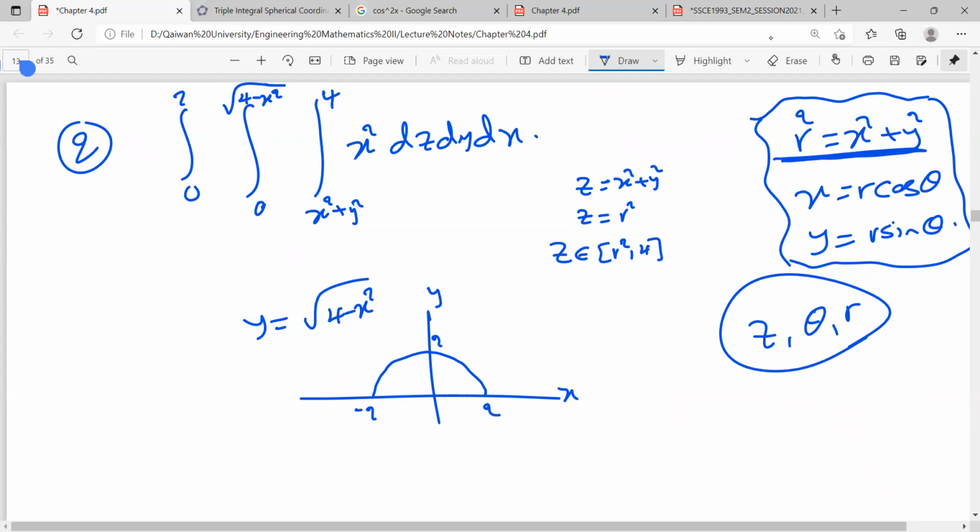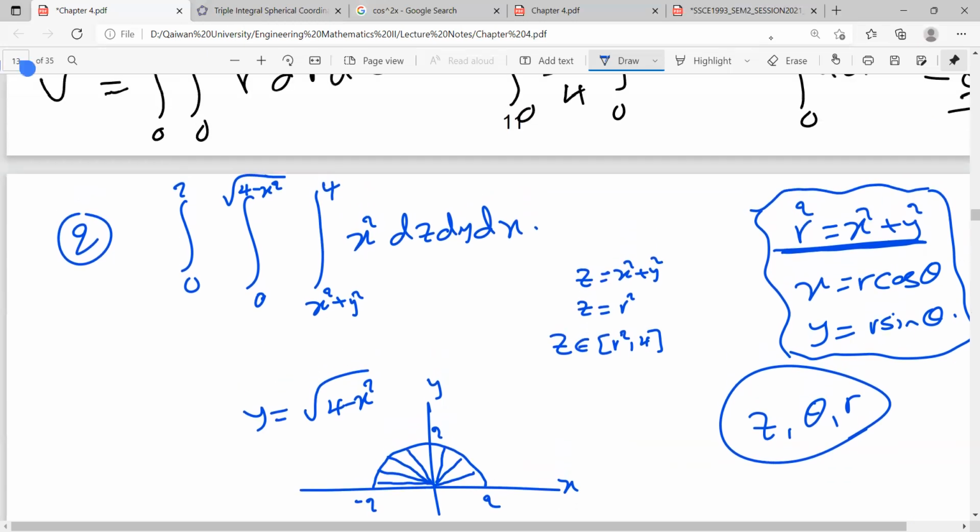From the graph, you can see that the radius here is 2. The distance from the origin to any point on the boundary is 2 units. That means here, we have r.